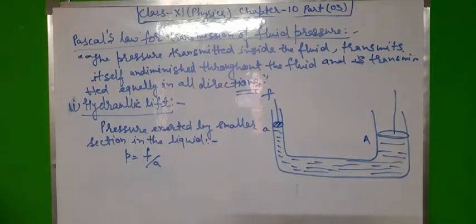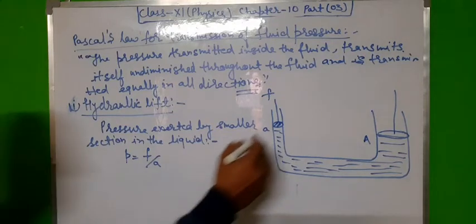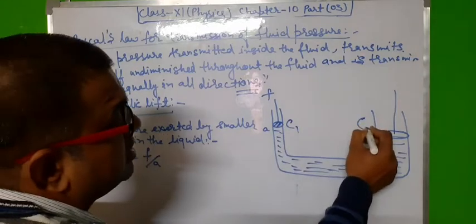Now, according to Pascal's law, this pressure P is transmitted to the larger piston of cross-section area A. Suppose this piston is C1 and this piston is C2.